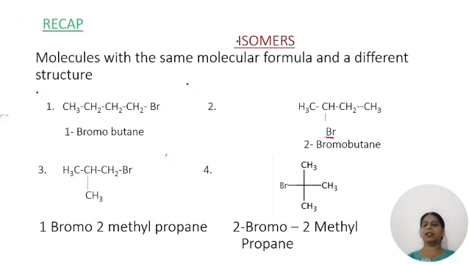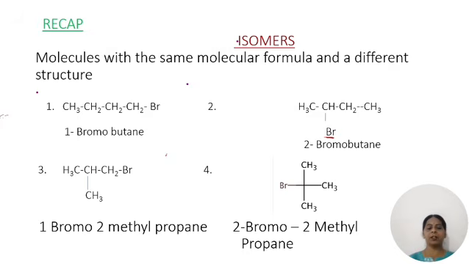That is called 2-bromobutane. So we got 2-bromobutane, which is another structure. In both structures the molecular formula is the same, but the structural formula is different, because C4H9 plus one Br, where one hydrogen is replaced from butane and in that place one Br enters in the particular structure. So we got a bromobutane.